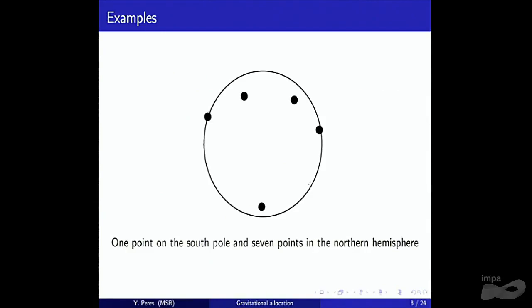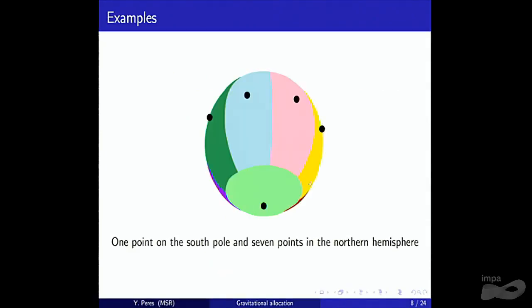Surely this one will get a bigger portion. And it doesn't. Even points here that are closer to the South Pole than to the North Hemisphere will get attracted north because these points on the north gang up and pull points up. But this won't work for just any old potential. It really is a property of the proper two-dimensional potential on this sphere.